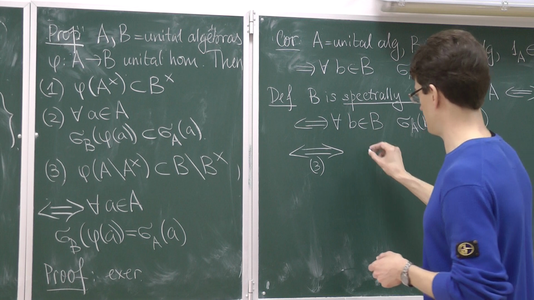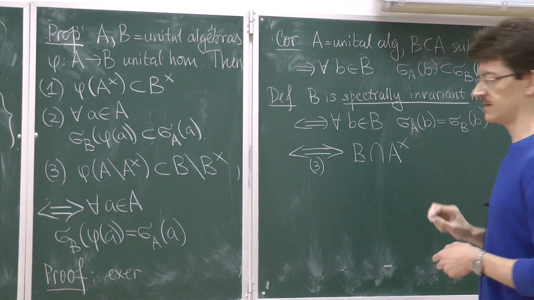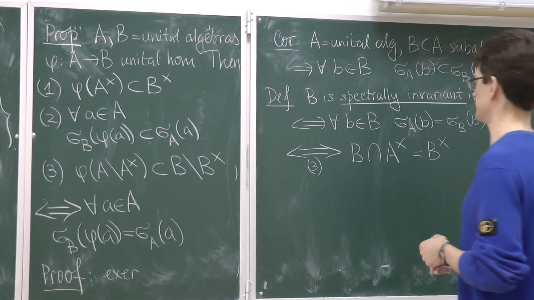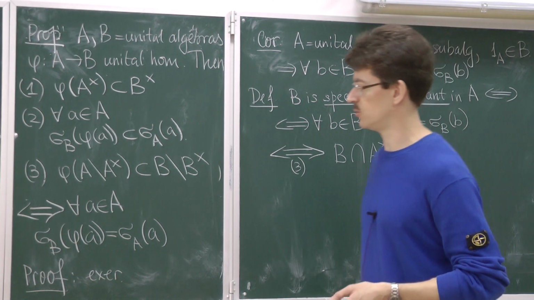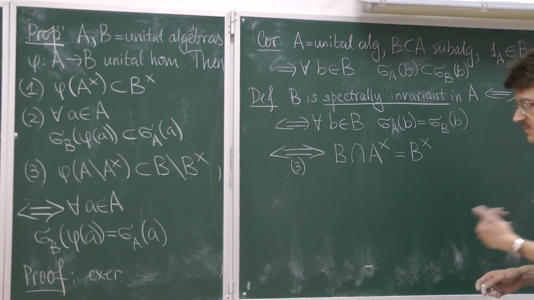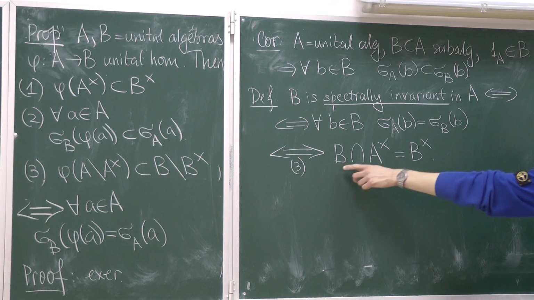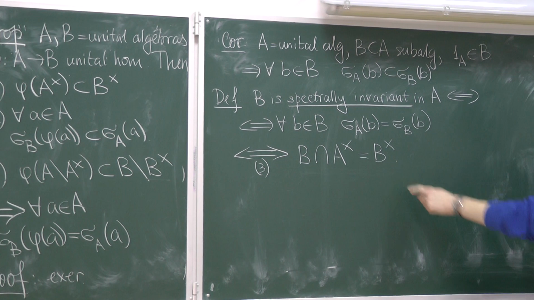Each element of B, which is invertible in A, is also invertible in B. So if we apply this inclusion to the embedding of B into A, we get an equivalent formula of this form. Each element of B, which is invertible in A, is already invertible in B.